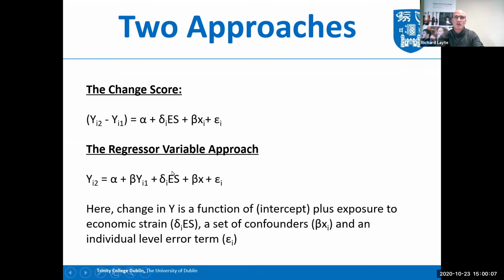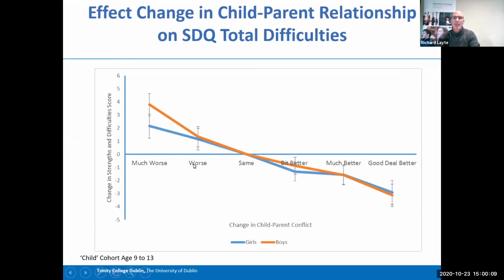Let's have a quick look at some of the results. So here's SDQ. I'm showing you the relationship between SDQ over time as a function of one of the variables which is a mediator between the exposure to economic strain and the outcome variable, SDQ, and that is conflict between parent and child. It's actually a measure called Pianta in Growing Up in Ireland.